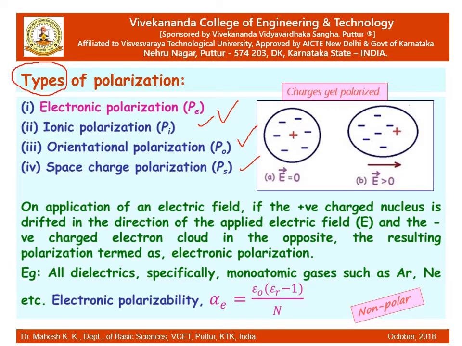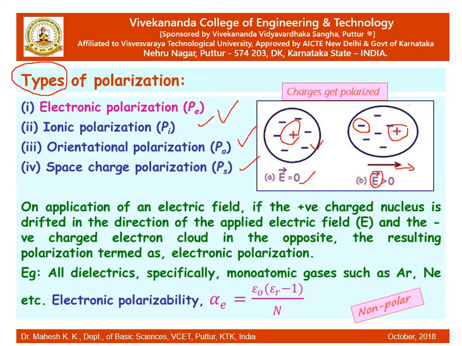what you see here is that in figure A, you have a central nucleus and electrons present, without any application of field. In B, a field is applied in the direction as you could see here, and there is a displacement between the positive charge, the nucleus, and the negative charge.